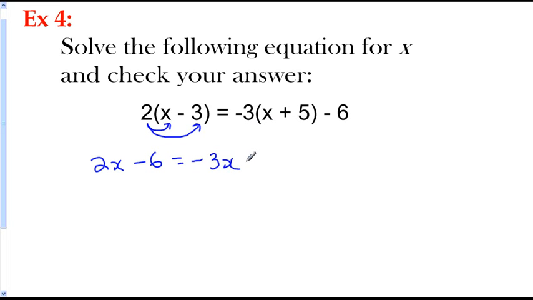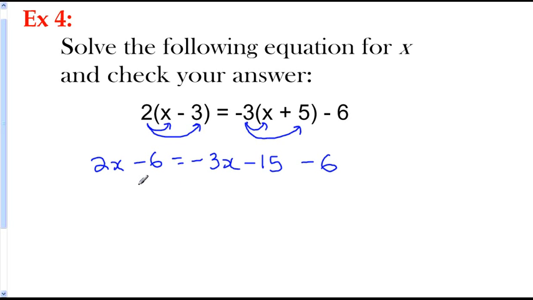Then minus 3 times positive 5 gives us minus 15. Okay, so we have to distribute this one as well. This times this, and this times this. Don't forget the signs. Negative times positive gives us a negative here. Okay, and then the minus 6 is not in brackets, so we leave that one as is.